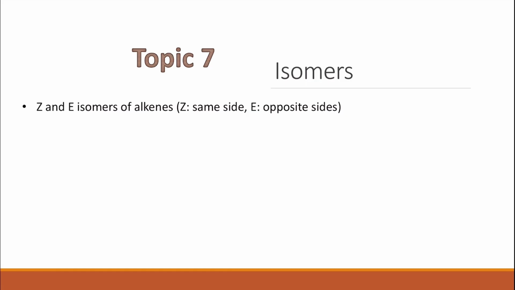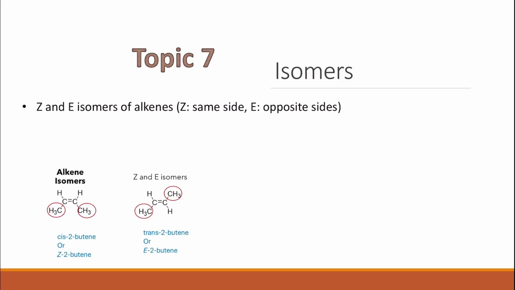If you have the two groups of higher priority on opposite sides, it's going to be an E isomer. Remember that when you compare the priority on each carbon around the double bond, you need to look at them atom by atom. And also you compare the atomic number, not the atomic mass. So the one with higher atomic number will take the priority.